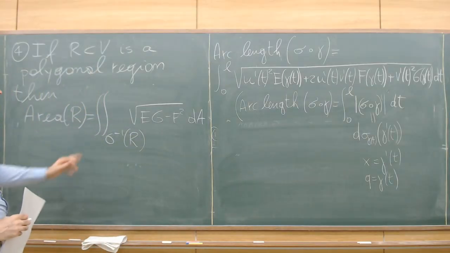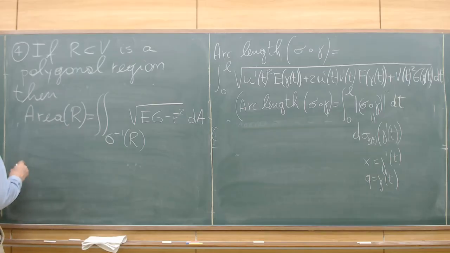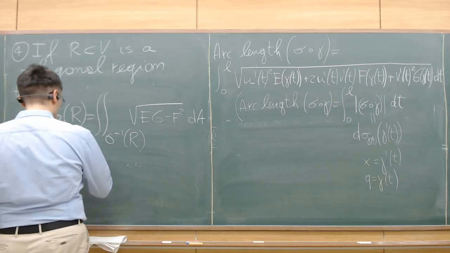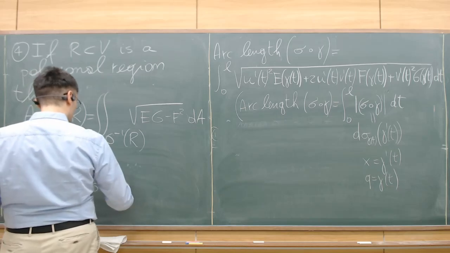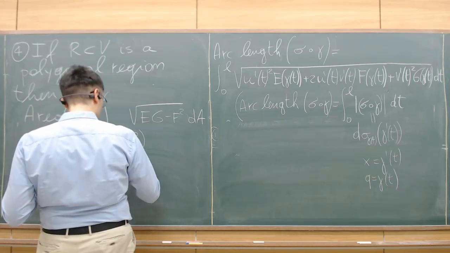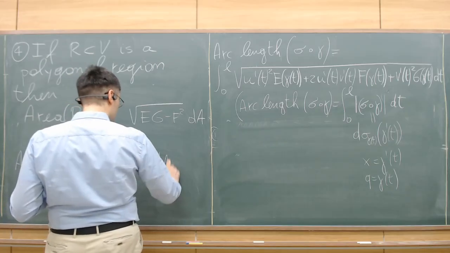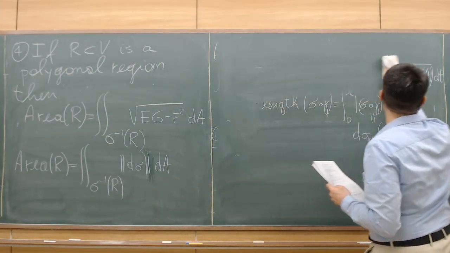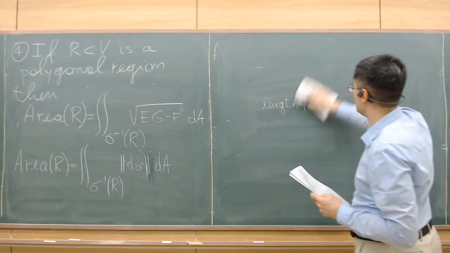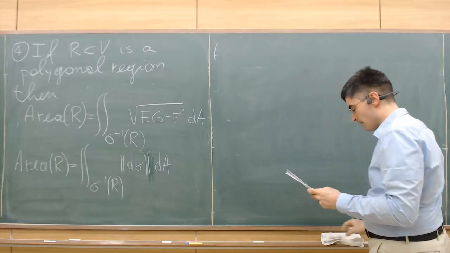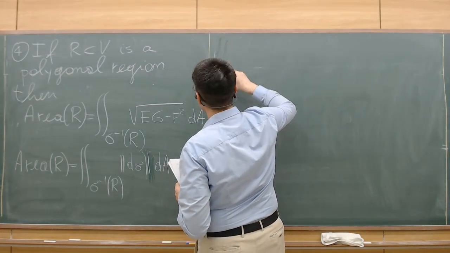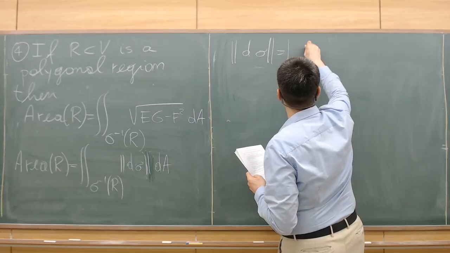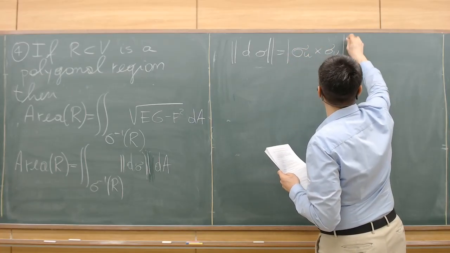If you want to prove this formula, just use the fact that by definition the area of R is the double integral over sigma inverse of R of the length distortion of this sigma dA, and you use the identity which says that the length distortion of this sigma is the length of the cross product sigma u times sigma v.